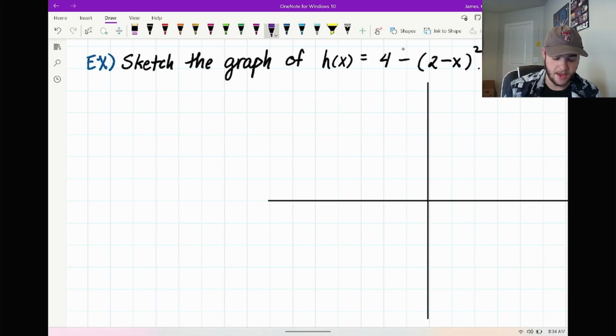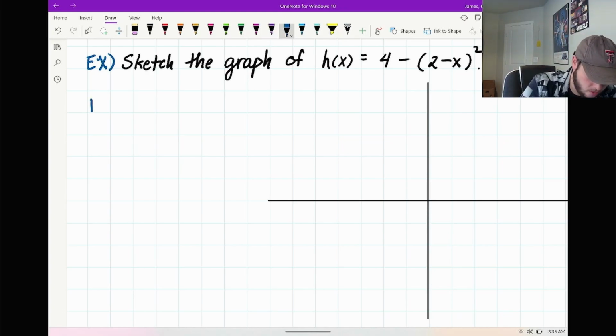I've got a negative sign on the outside, which means I'm going to flip over the x-axis. And I've got a negative sign on the inside, which means I'm going to flip over the y-axis also. But what order do I do them in? That's a big question. In general, we work our way inside out.